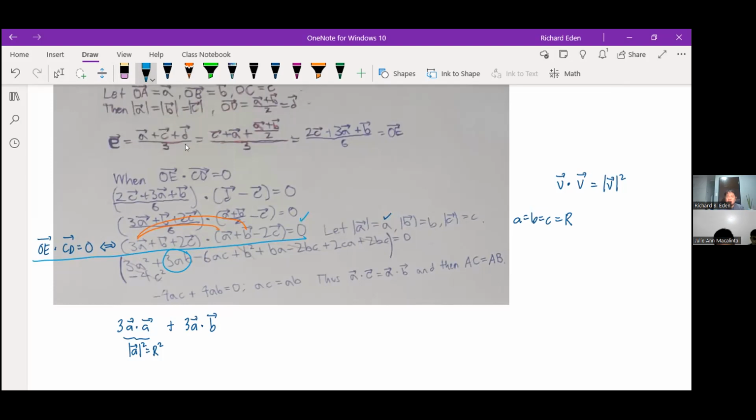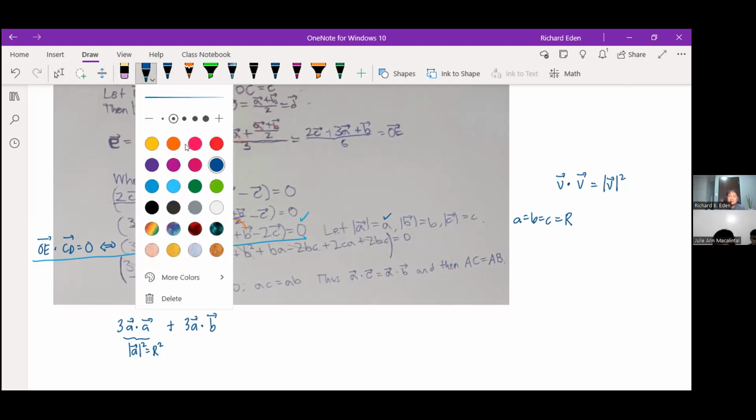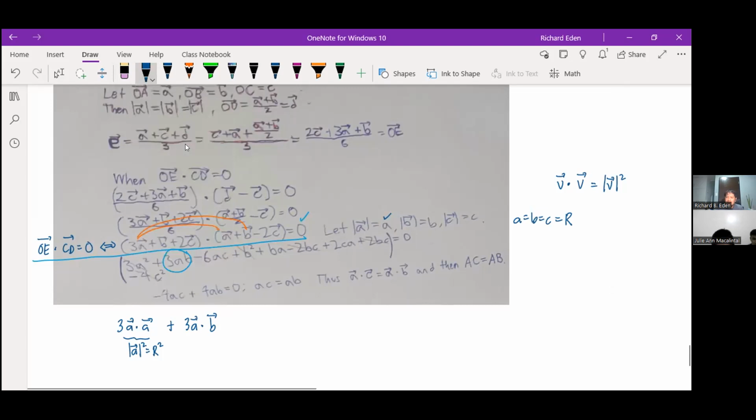However, unfortunately, it's not. A dot b is a scalar, not a vector, but it's not equal to ab. All right. So that's where this breaks down.